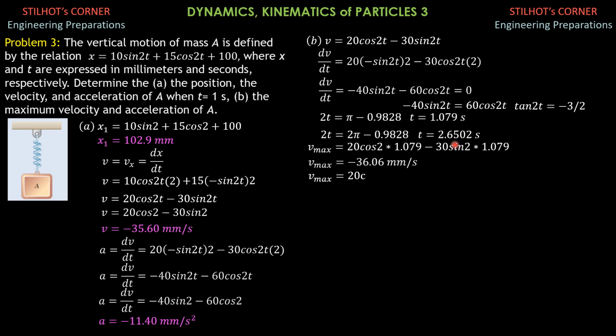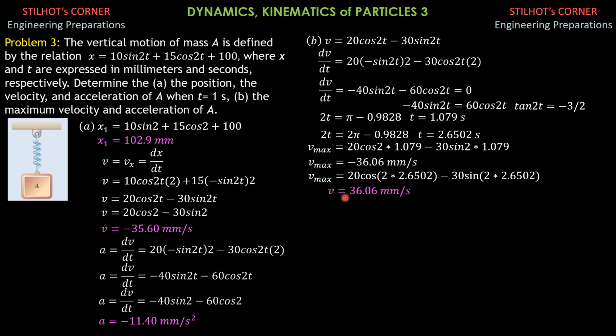So Vmax is also 20 cosine of quantity 2 times 2.6502 minus 30 sine of quantity 2 times 2.6502. So Vmax is equal to 36.06 mm per second, because this is positive, although they have the same magnitude.